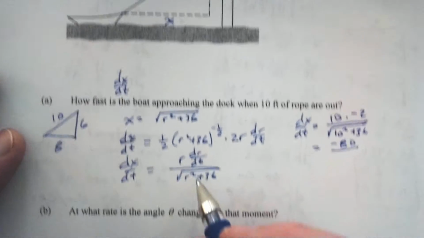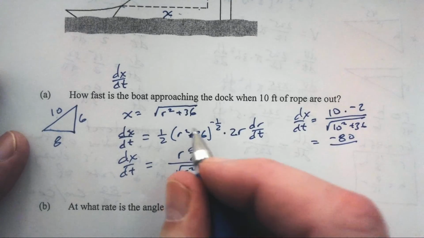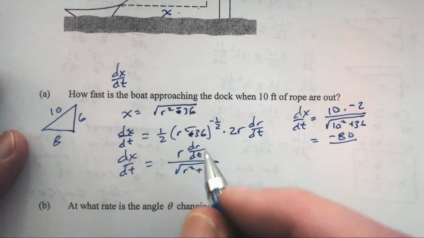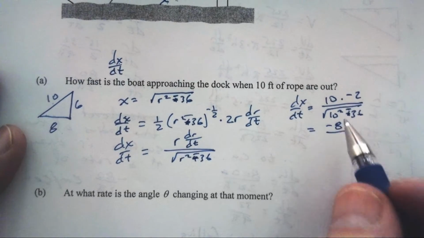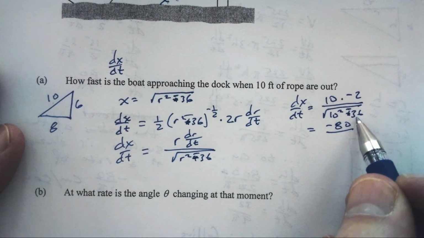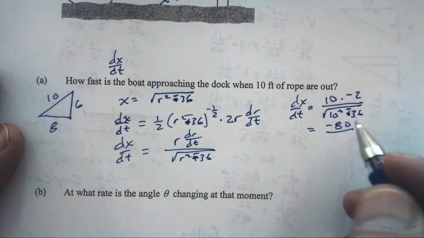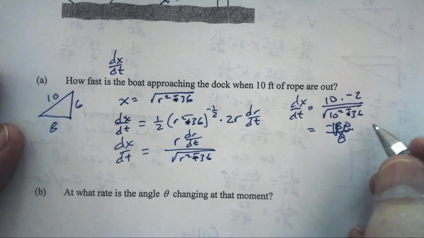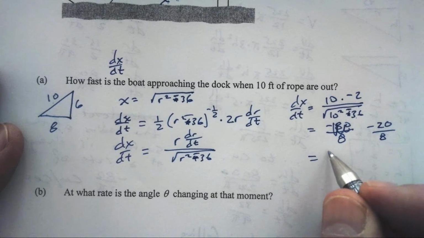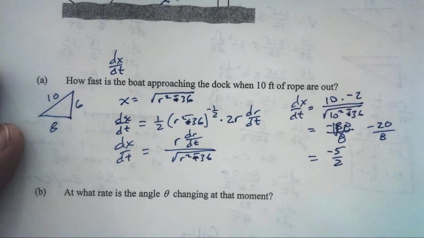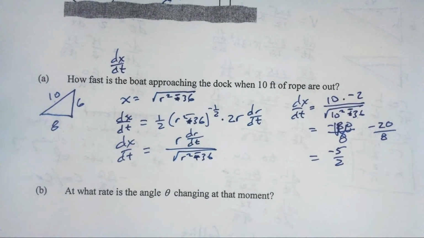Oh, this is minus. I'll bet you saw that too, all the way back to here, minus. Sorry about that. So 100 minus 36 is 64. Square root of 64, 8. I got ahead of myself there. -20 on 8, or -5/2.